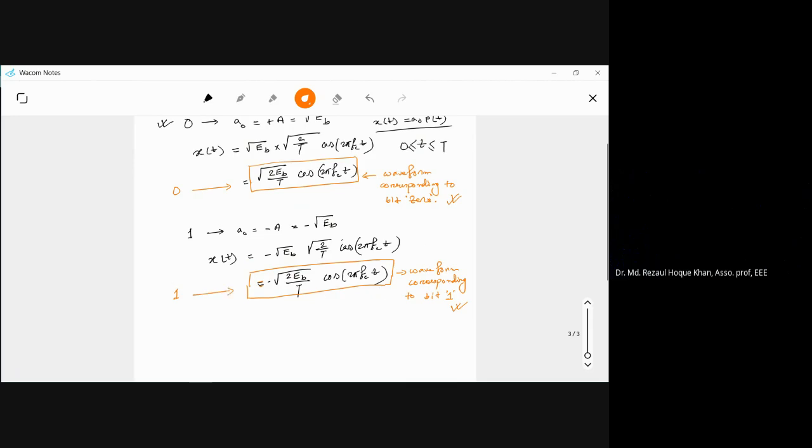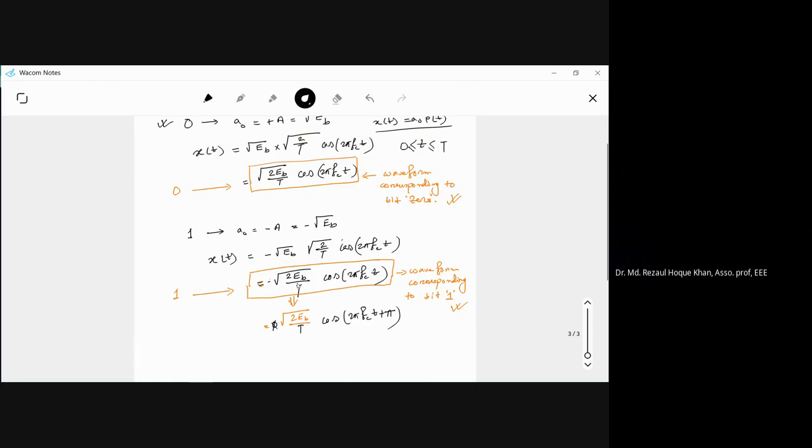Now you will see that this one is nothing but twice EB by T. Here we are not using any minus sign, so we will write it differently: 2 pi FCT plus pi, which will be the same as the previous example.